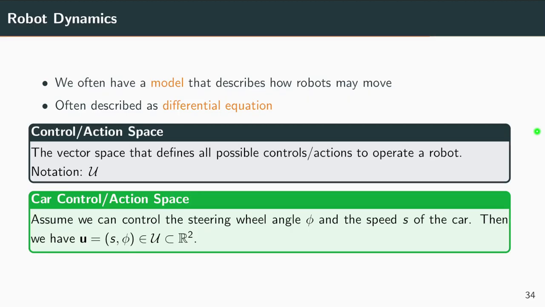So if you have a car, then there are different models, but the easiest model is that you say, I can directly control the speed instantaneously, and I can directly control the steering angle instantaneously. So that's the simplest model we can come up with. And in that case, our control space would be two-dimensional, and our control actions would be just these two scalar values. One is the speed s, and one is this steering angle.